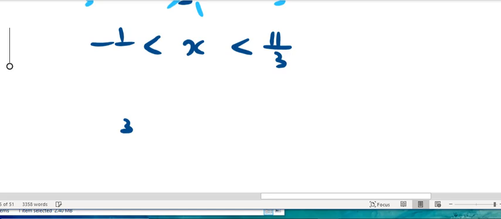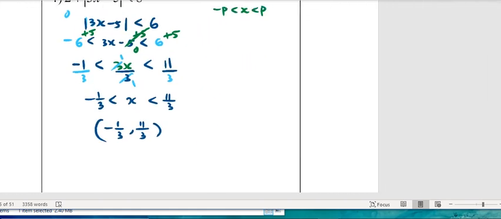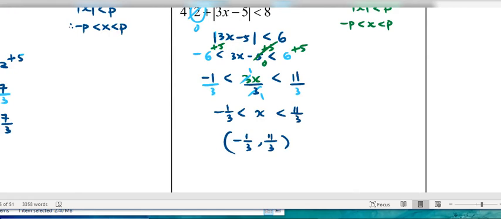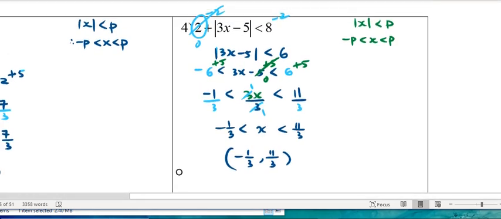And don't forget to get your interval notation done. So that's the answer for question 4. Okay, let's proceed.